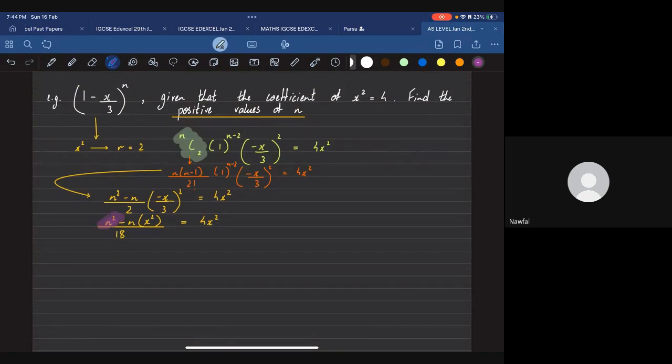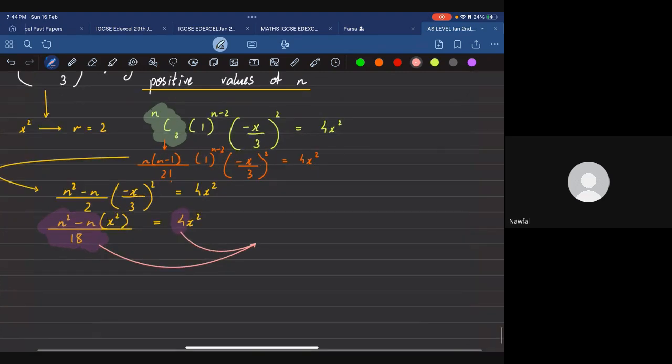Whenever you have this, you're going to simply compare coefficients, because x squared is on both sides and you want to find the positive values of n.